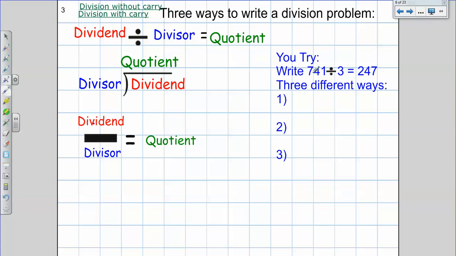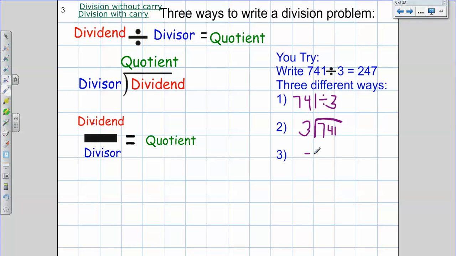So we're going to write this problem in three different ways. So I can do 741 divided by 3. That's one option. I can also do 741, that's my dividend, divided by, so notice how when I say divided by, I'm making my house, divided by 3.